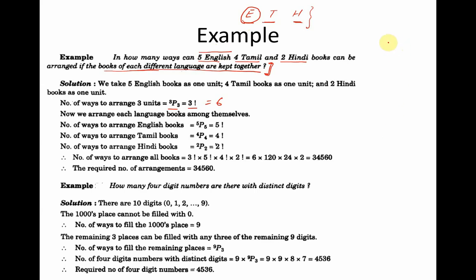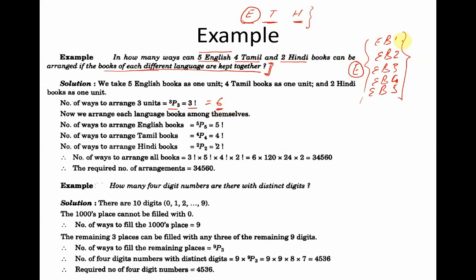Say for example, let us say I have English book 1, English book 2, English book 3, English book 4 and English book 5. Now these 5 books are making one unit E. Now I have placed this one unit along with these 2 other units on the shelf in, let us say, 6 different ways.